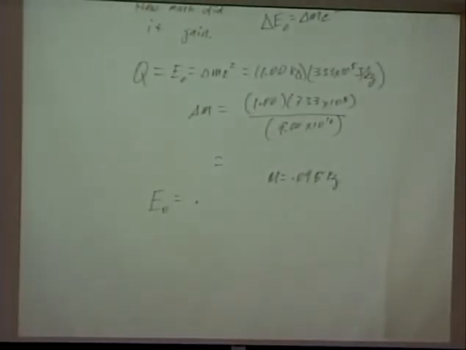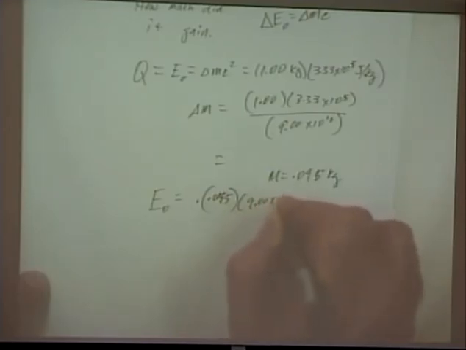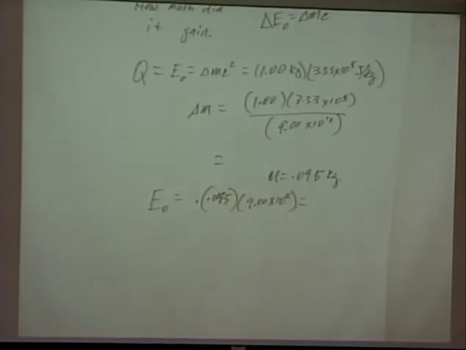What's the rest energy of a golf ball? If we could release this energy, we'd have 0.045 times 9 times 10 to the 16. I'm going to go ahead and crunch those numbers real quick for you. 0.045 times 9 E 16. Boom.